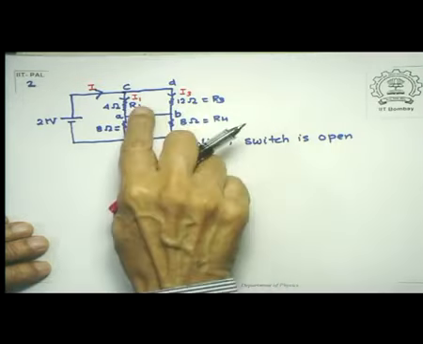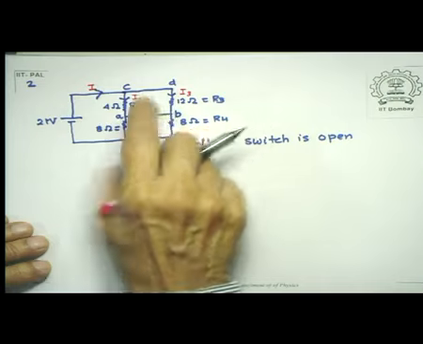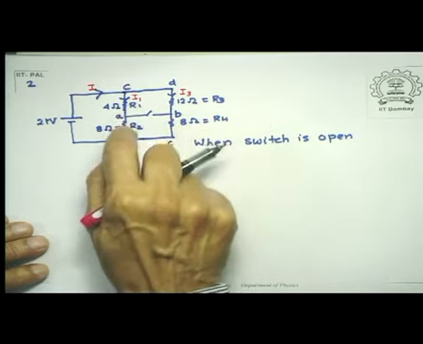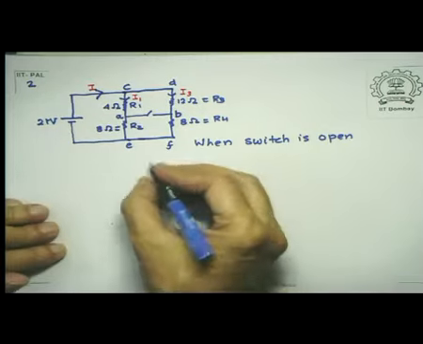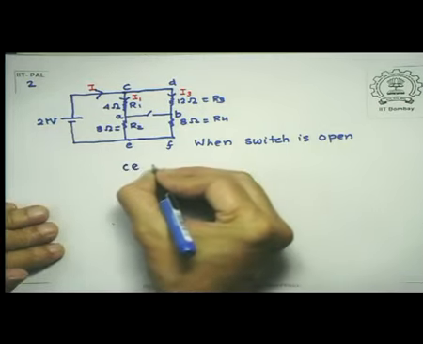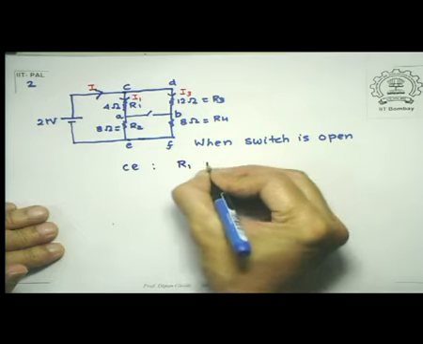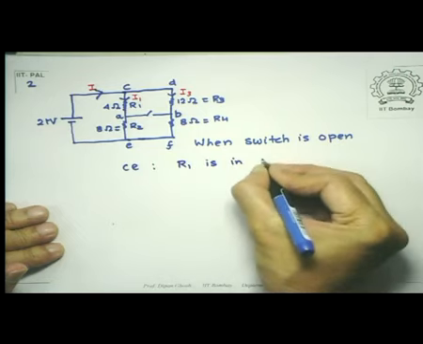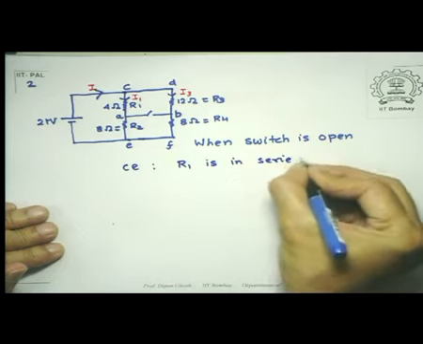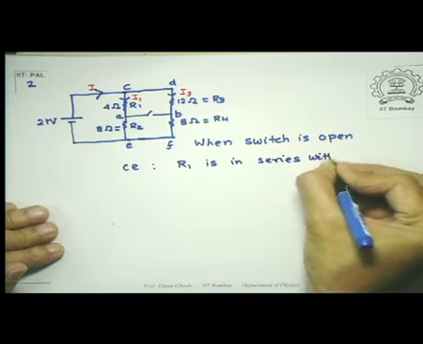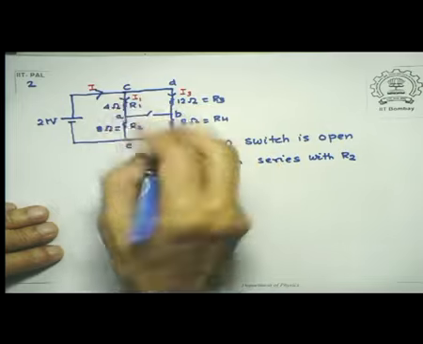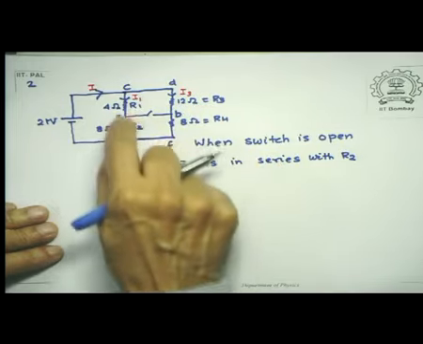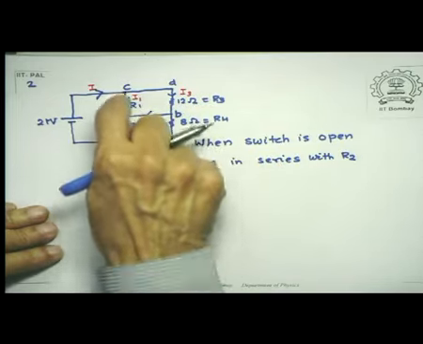here, since this part of the circuit doesn't matter, R1 is in series with R2. So in branch C, R1 is in series with R2. So therefore, this circuit has a net resistance of 4 plus 8 equal to 12.